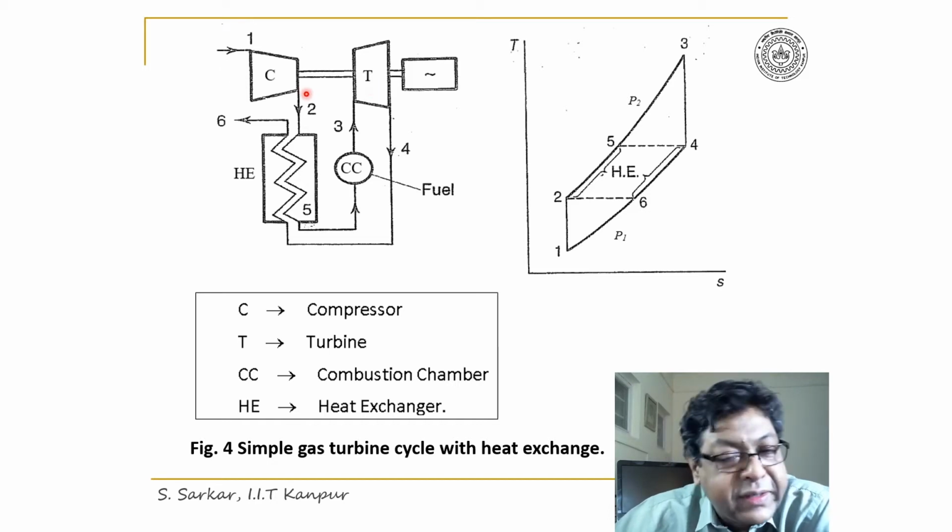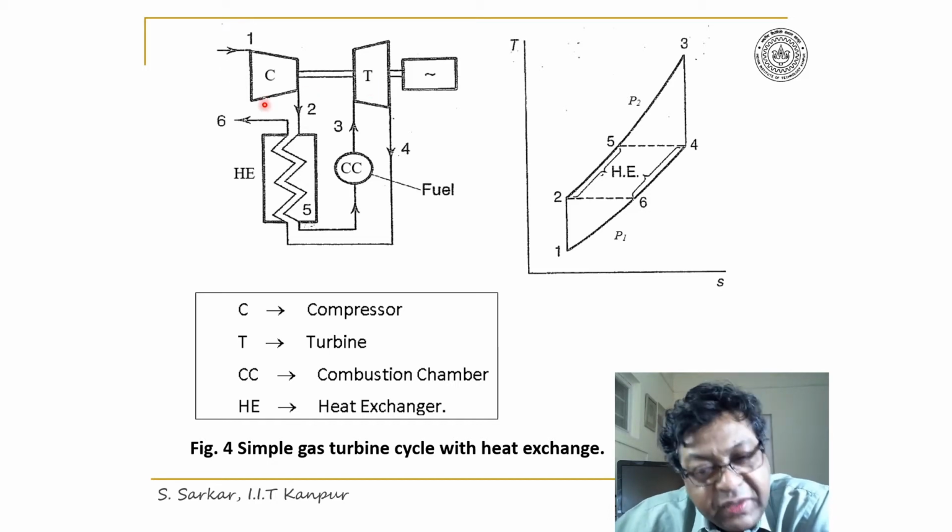The turbine is connected to the compressor, so the turbine output is utilized in running the compressor and at the same time in running the generator to produce electricity. However, here a heat exchanger is provided between the compressor and the turbine.